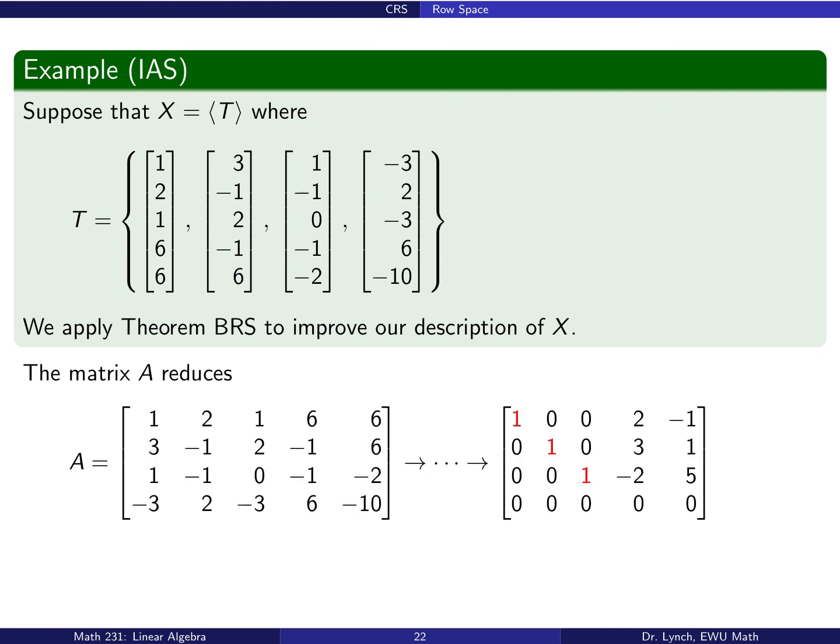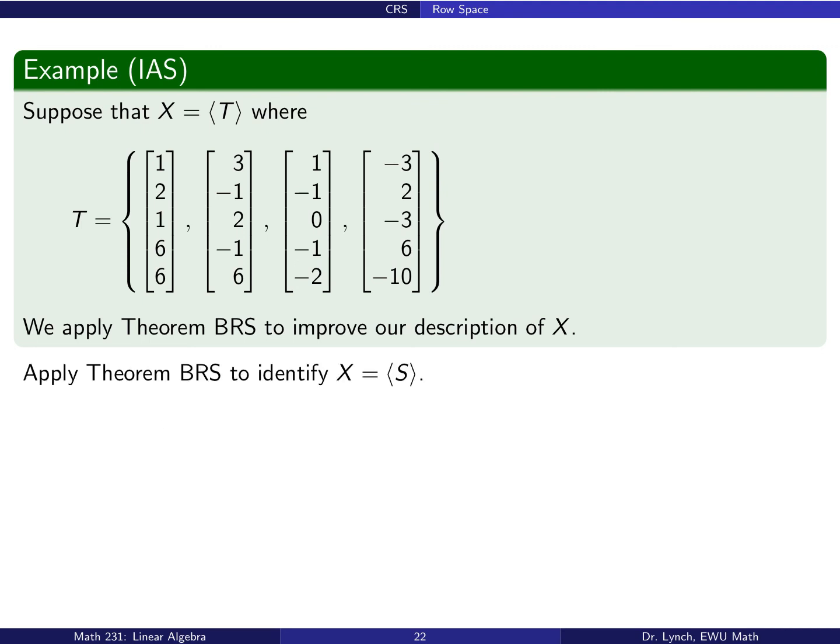Here's the matrix A, reduced to reduced row echelon form. We know that doing these row operations doesn't change the span of the rows. So here are 3 vectors such that when we put them back in columns, they end up being a better description of the span of T. Here is that span.